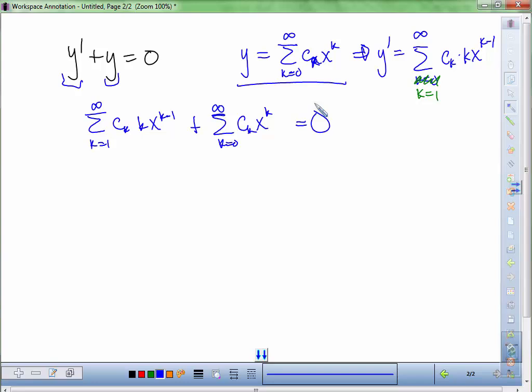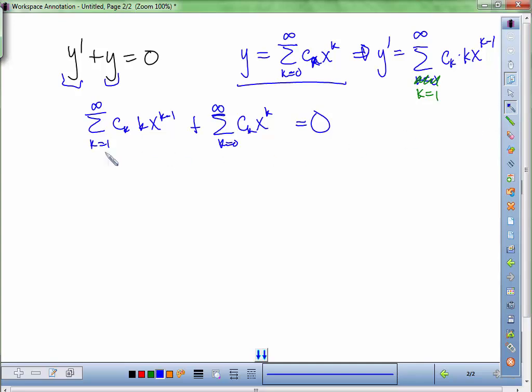One way is to take the k equal to 0 term as something totally separate, take that out and deal with it later, and then you have a summation from 1 to infinity of just the terms. The other way is to write out a few terms of each of the series and see if there's a way to combine it that way. I think writing out the first few terms is a little more revealing, and then once you get used to that, you can do it with less and less writing out.